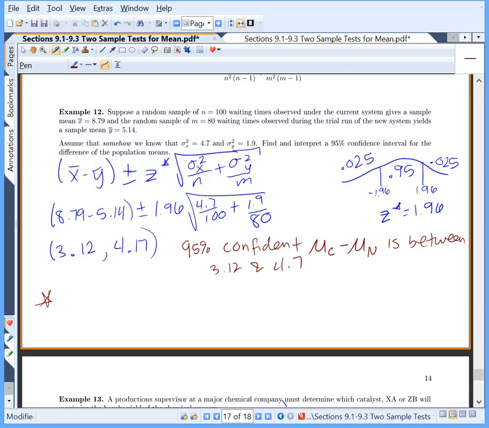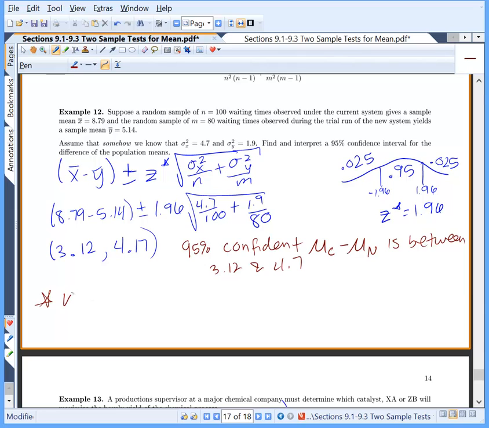So when we look at this, because we did mu for current minus mu for new, and we got positive values, which one must have been bigger? The mean for the current system must have been bigger than the mean for the new system. So we know which one is bigger. The current system is bigger numbers, it takes longer.